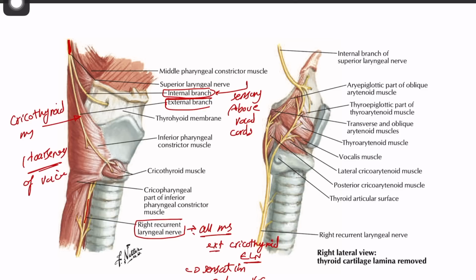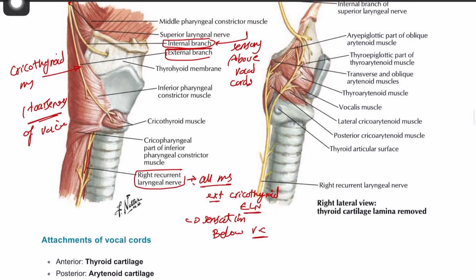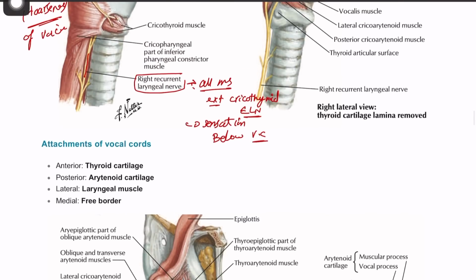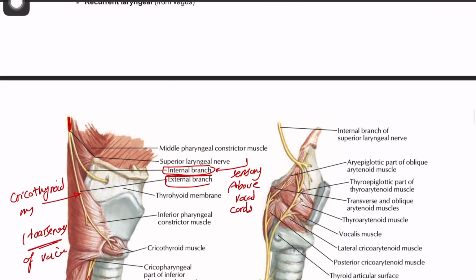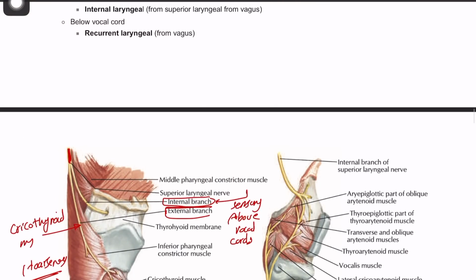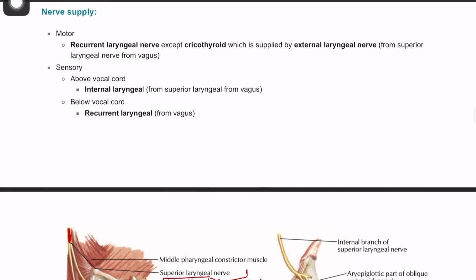On the other side, the recurrent laryngeal nerve supplies most of the muscles of the larynx. That's why you might have a little bit more injury, and it really depends on which part of the nerve is affected. Is it unilateral or bilateral, or is it partial or complete?